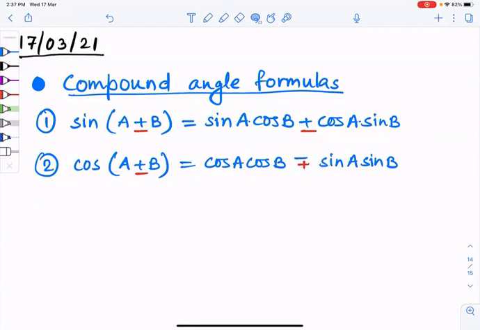So here also I have given two formulas, one with plus sign, one with minus sign. Sine and cos are okay. Now I am going to tell you for tan.